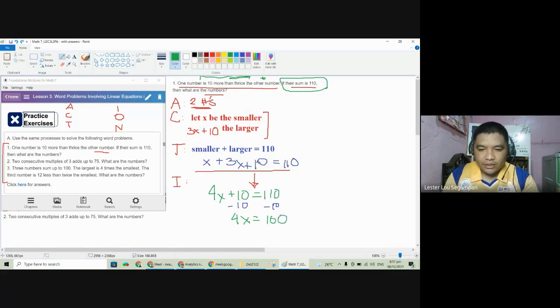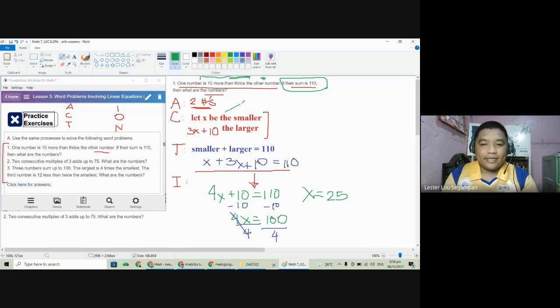Sorry, that's 100. It looks like 6, but it's 0. And finally, divide both sides by 4 to cancel this out. The result for x is 25. So this is the value of the variable in our given equation. And what does this represent?